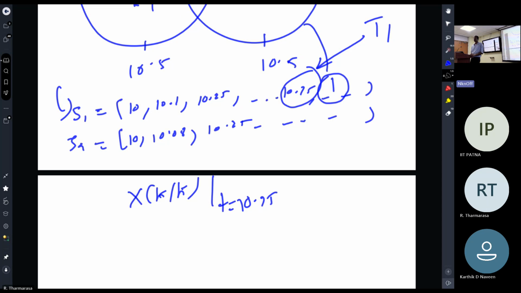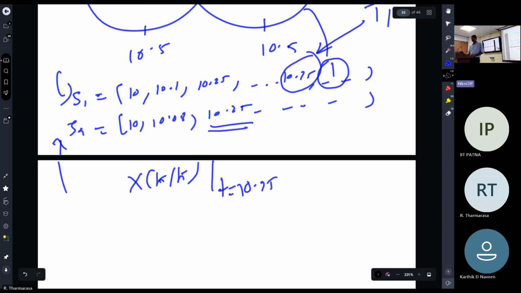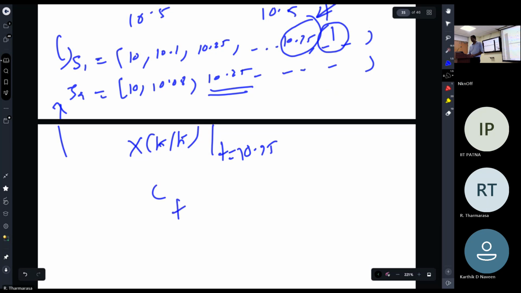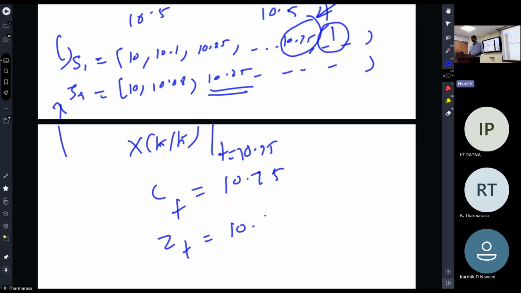Are you okay with that? Now we want to update with the second sensor. When we do the data association, we find out that this measurement comes from that target. So now we have a situation in which our current time is 10.75, but the measurement time is 10.25.